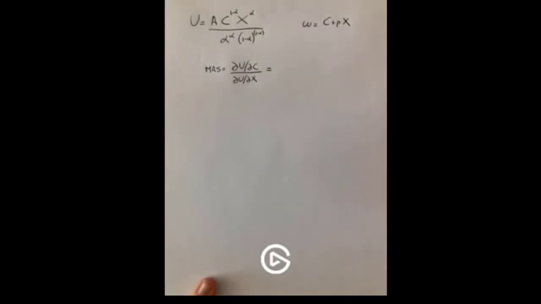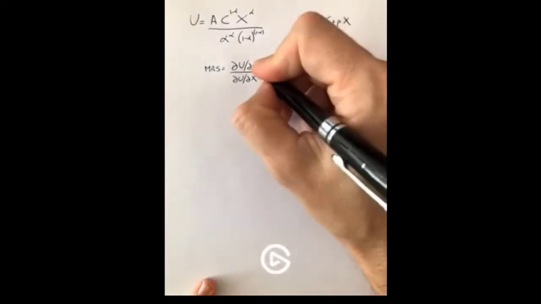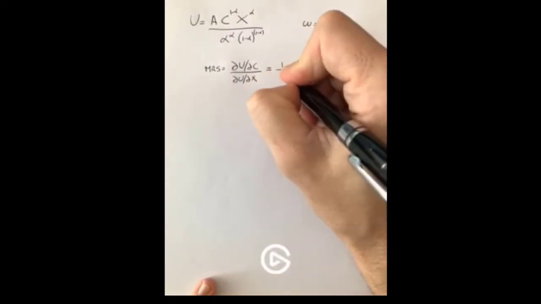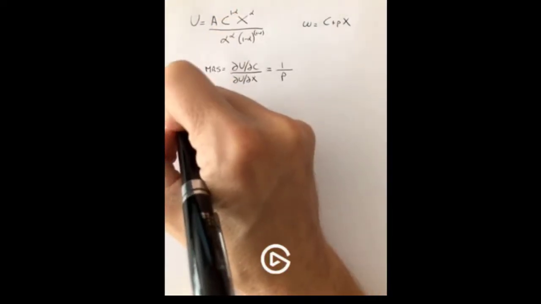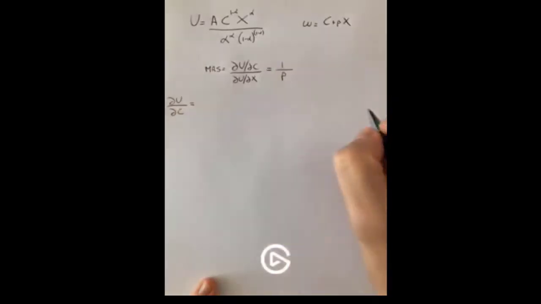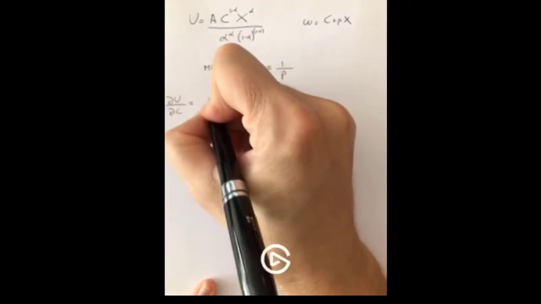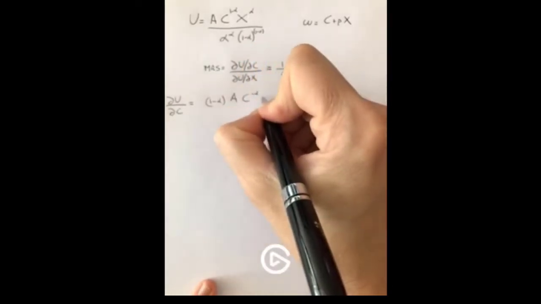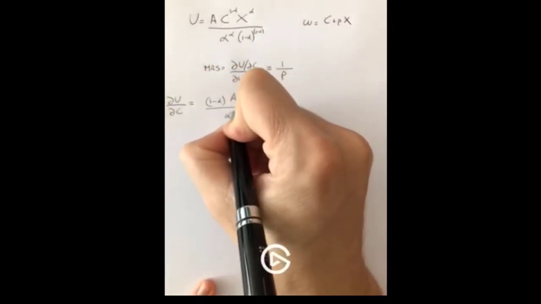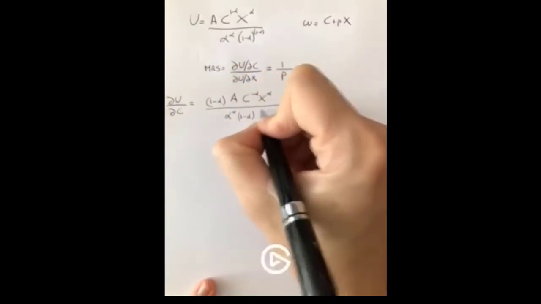And the price ratio, remember, the price of good C is 1, the price of good X is P. So this is one condition that needs to be satisfied at the optimal. So what is the derivative of the utility with respect to C? This is equal to (1 minus alpha) times A, C with exponent negative alpha, X with exponent alpha, divided by alpha with exponent alpha, (1 minus alpha) with exponent 1 minus alpha.